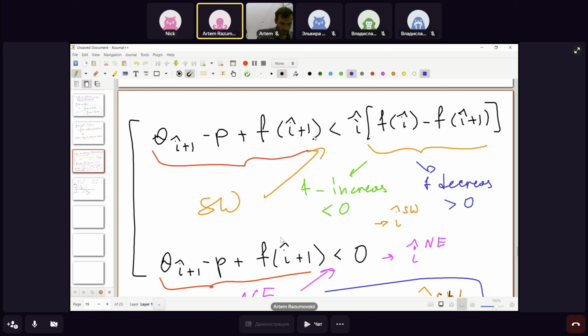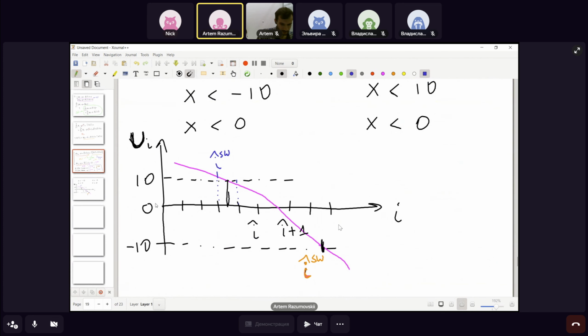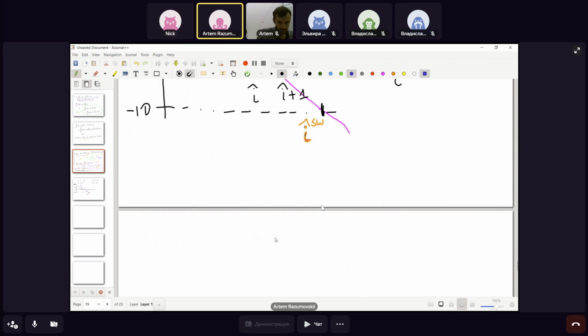So then we need to compare our utility for the last guy with something positive. So then we go back to the graph. Something positive line is above, and the intersection is now closer to the beginning than if it would be with 0. Mm-hmm.